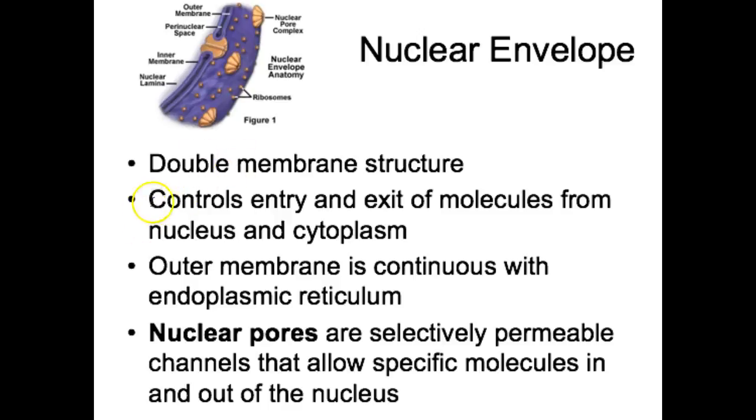The nuclear envelope controls entry and exit of molecules from the nucleus to the cytoplasm. The outer membrane is continuous with the endoplasmic reticulum. This part of the membrane actually folds off and becomes our rough and then smooth endoplasmic reticulum. They are continuous structures even though we consider them different parts of the cell.